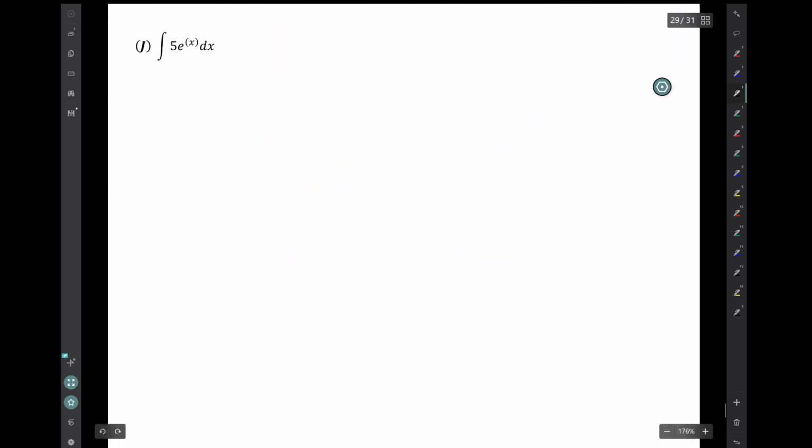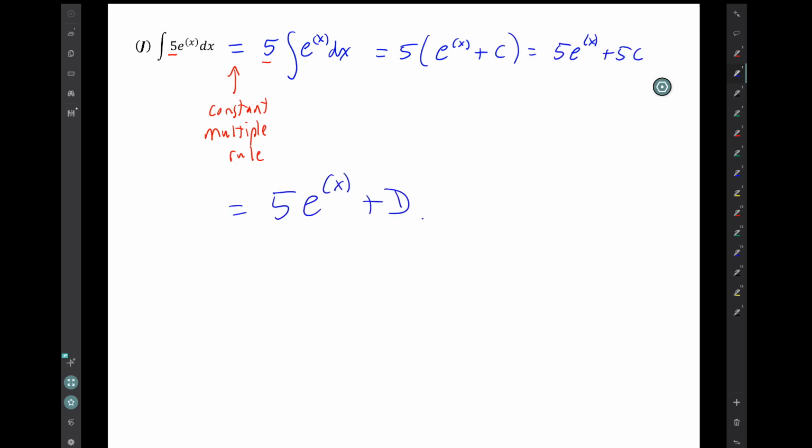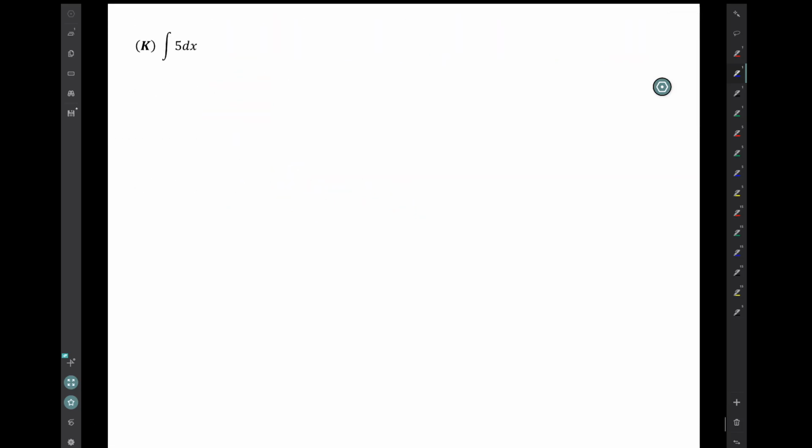Let's go on. The indefinite integral of 5e to the x. The indefinite integral of 5e to the x is 5e to the x plus D. Now, this one is a little interesting. Here it helps to note that this integrand can actually be written as a constant times a power function.